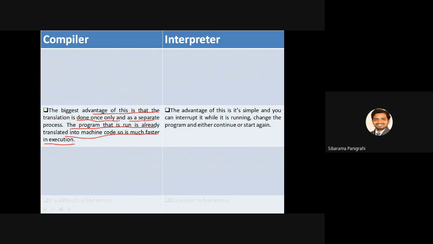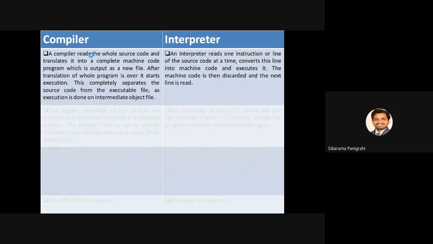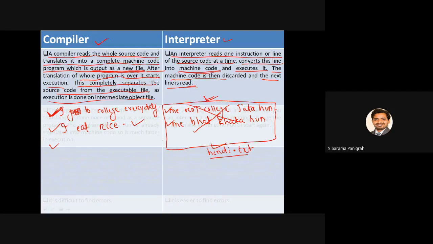First you have translated it, then stored it inside a separate file. So every time you want to execute it, no need to translate, because you have translated only once. Then you just have to read the translated file. In the previous example, you just have to read hindi.txt. No need to translate again and again. Every time you want to execute, you just have to execute the translated file.